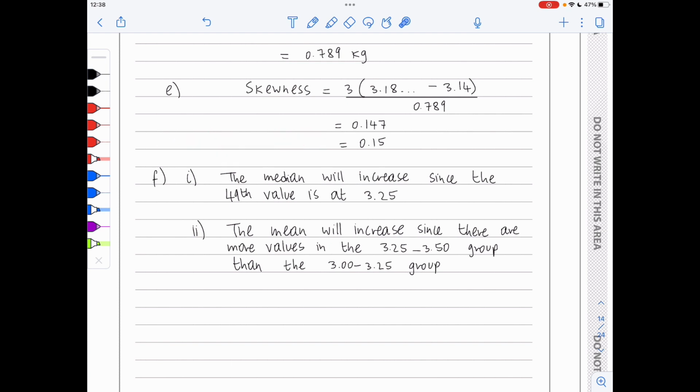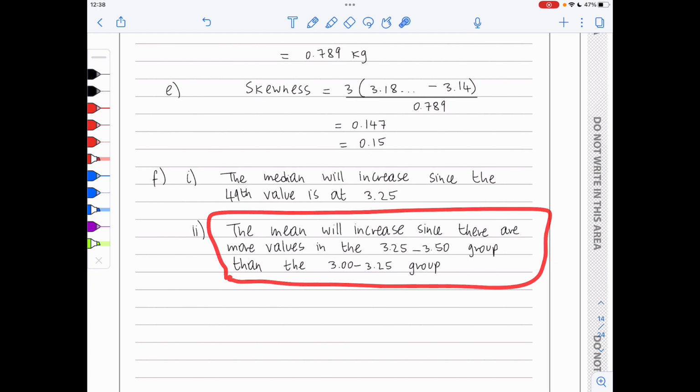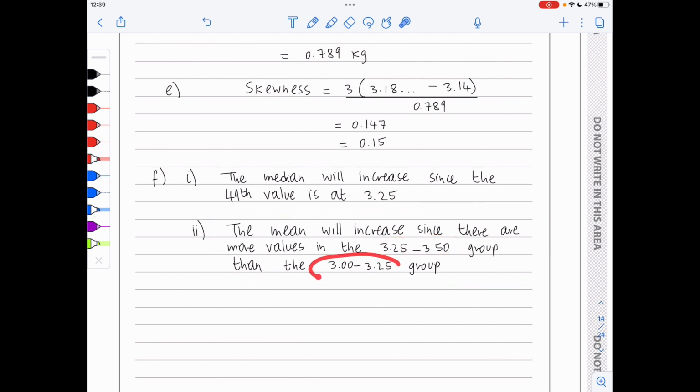And then the mean will increase since we've got more values in the higher end of the class, in the 3.25 to 3.50, rather than the 3 to 3.25 group. So overall, this will contribute to the sum of the fx. This will increase, and therefore the mean will increase.